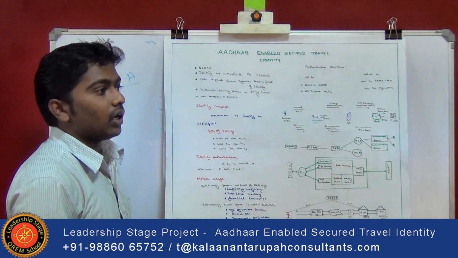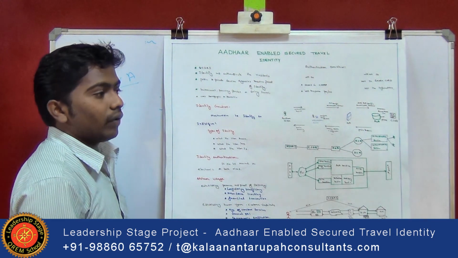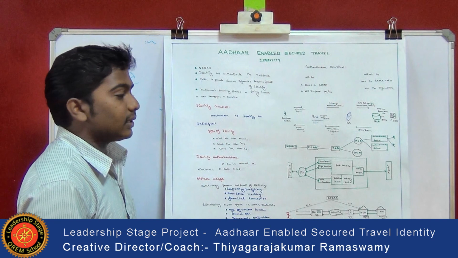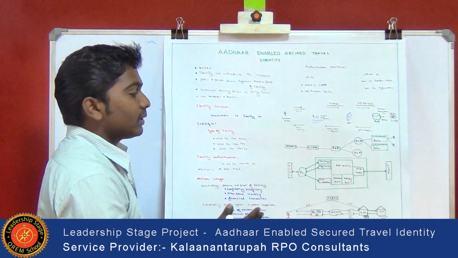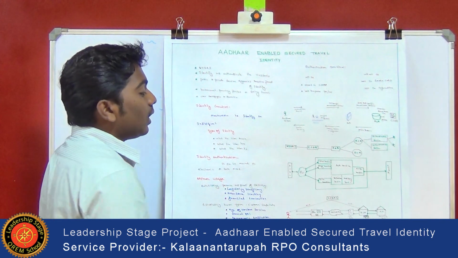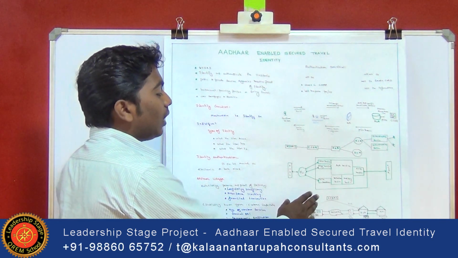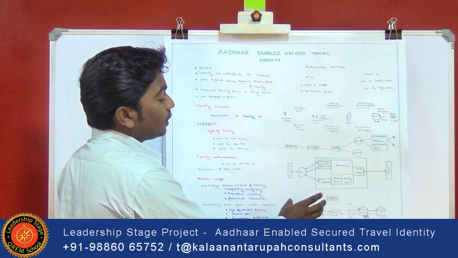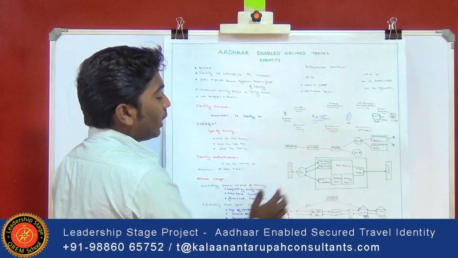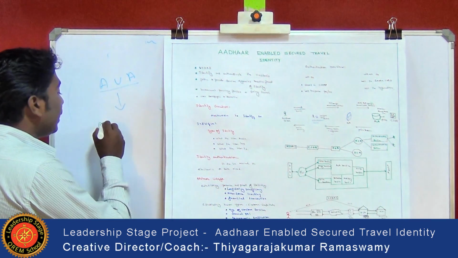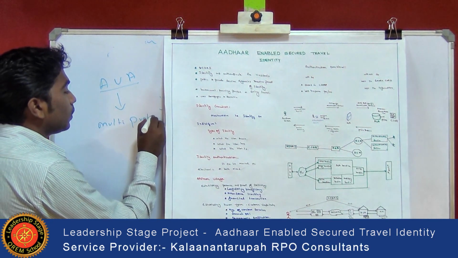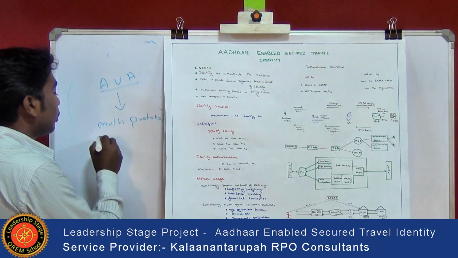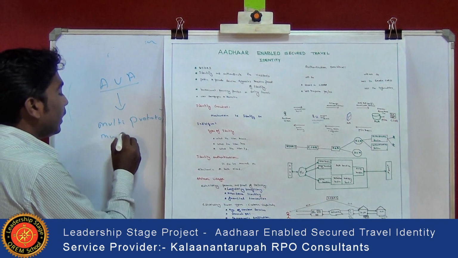A middleware is software or hardware that is responsible for the transmission of data between two devices or two software. Among the other advantages, the ASA supports multiple protocols and multiple data formats.